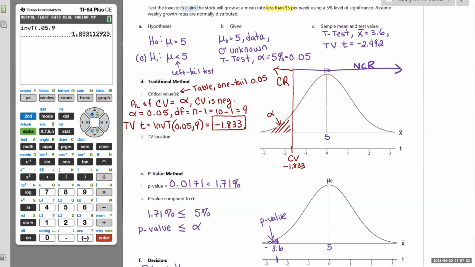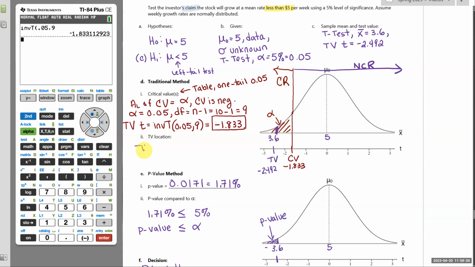And then we graph our test value. So that was out here. And that told me that it's negative 3.6. So there's negative 3.6, hitting the shaded critical region.